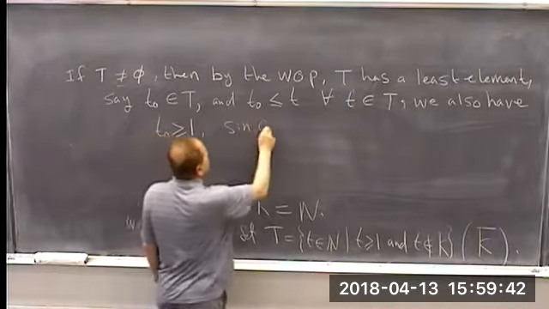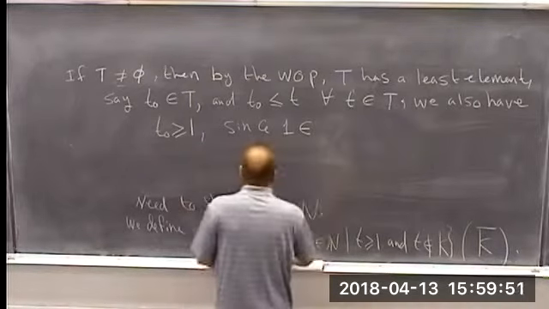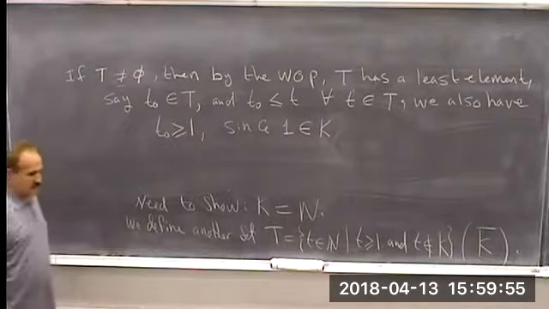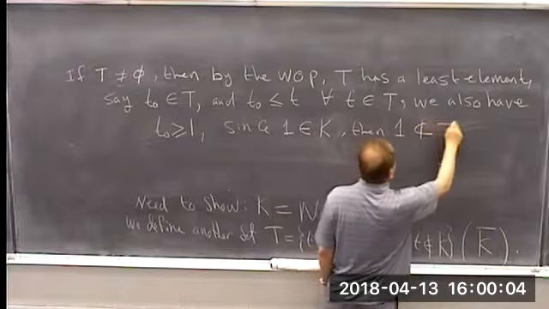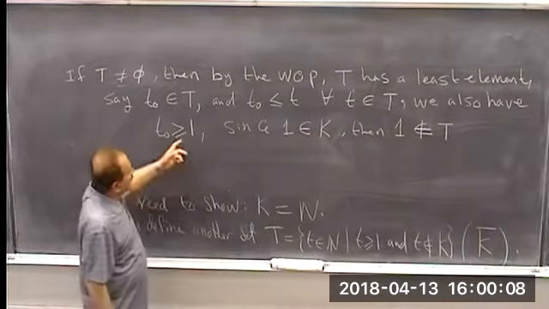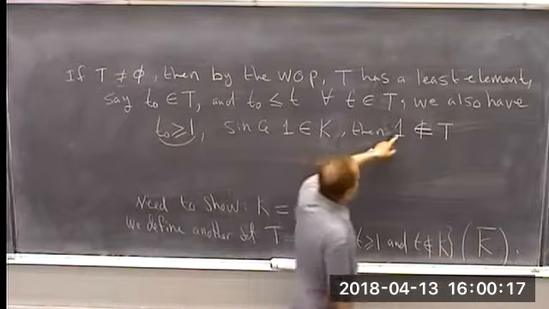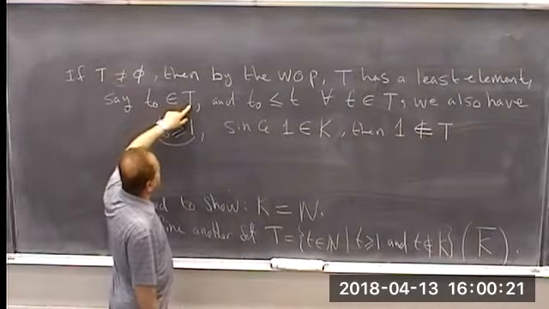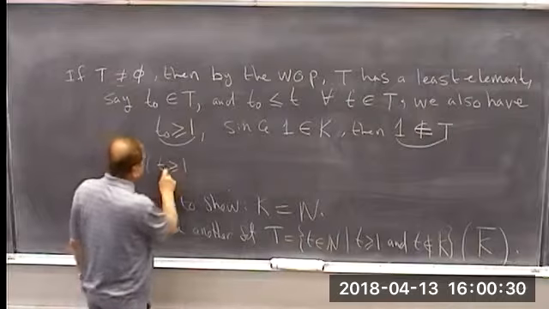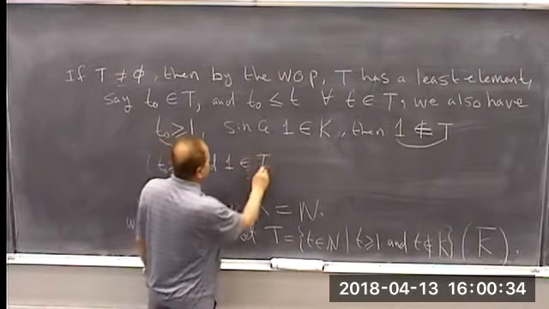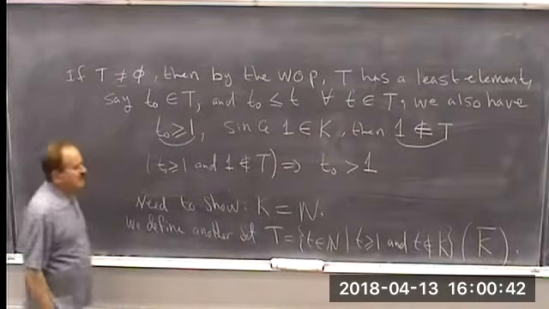Since 1 is in K, by the assumption that K satisfies the conditions of the first principle, 1 cannot be in T. It's not an element in T. So together, T sub 0 is bigger than or equal to 1, and 1 is not in T, which implies that T sub 0 is strictly bigger than 1. So it cannot be 1.